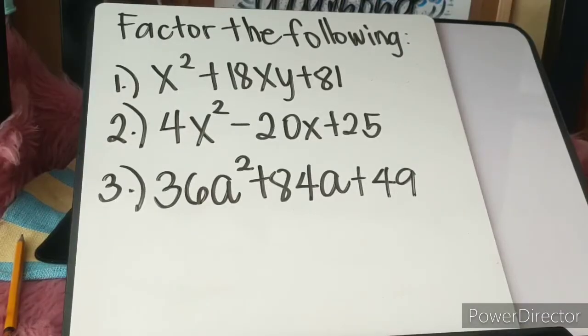Since we know now how to identify if a trinomial is a perfect square trinomial, let's proceed now how to factor a perfect square trinomial. Okay, given that the following is already a perfect square trinomial, so kapag sinek naman natin, lahat yan, ang first term and third term is a perfect square and the middle term is twice the product of the square root of the first term and the third term.